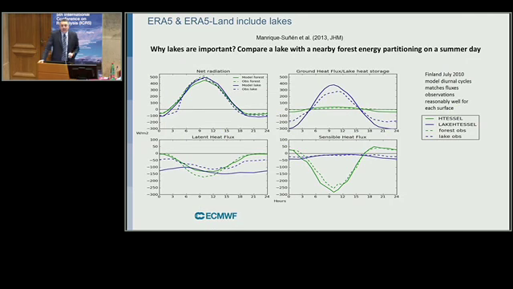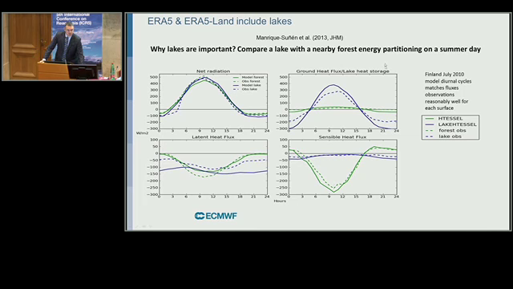ERA5 and ERA5-Land have a new component, which is the lake model. So if you happen to download the fields from ERA5 and ERA5-Land, you will have the opportunity to look at lake temperature, which is a new variable. Why are lakes important? If you compare a lake with a nearby forest, you have very large differences in the sensible heat flux.